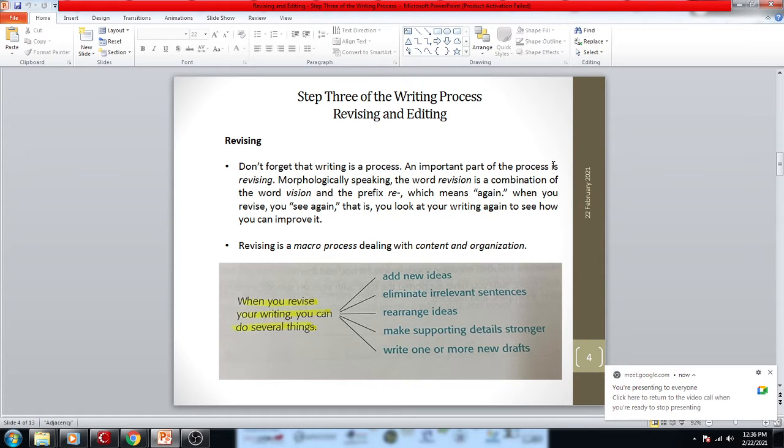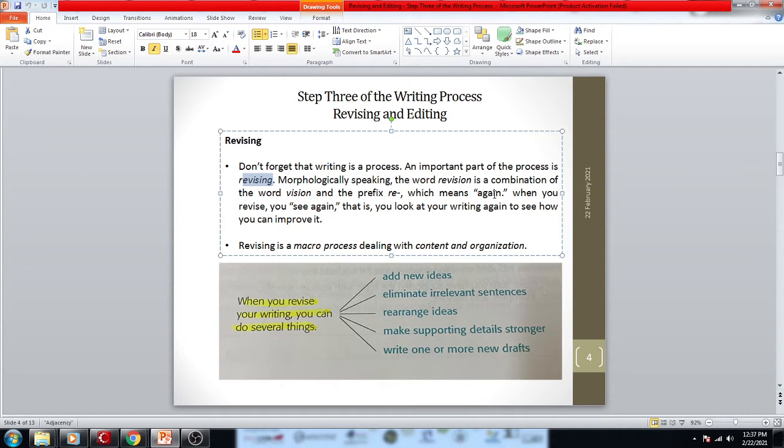An important part of the process is revising. Morphologically speaking, the word revision is a combination of the word vision and the prefix re, which means again. When we analyze the structure of the word morphemically, when you revise, then you see again. And writing is rewriting. That is, you look at your writing again, your first draft, to see how you can improve it.